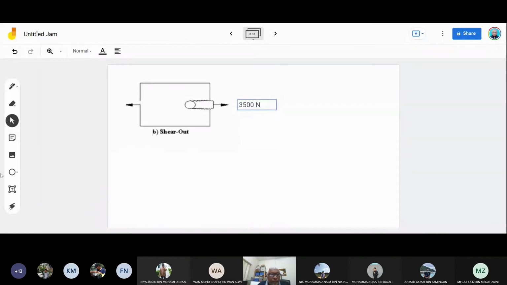And the material is the same: alloy 2024, 2 mm thickness and 4 mm diameter rivets. Okay, now we're talking about shear stress.